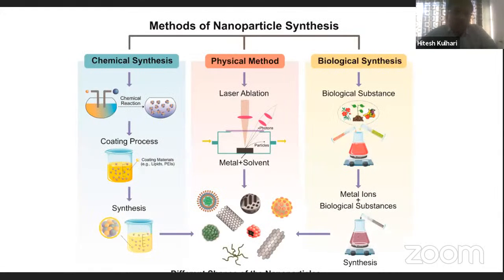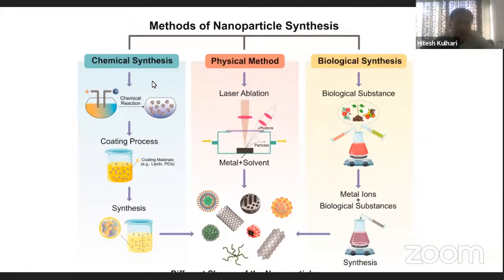The other way of classifying nanomaterial synthesis is based on the synthesis process, like whether we are preparing it in the laboratory. Those are the approaches, and now we will see how we use these techniques to form the nanoparticle. One is chemical synthesis.